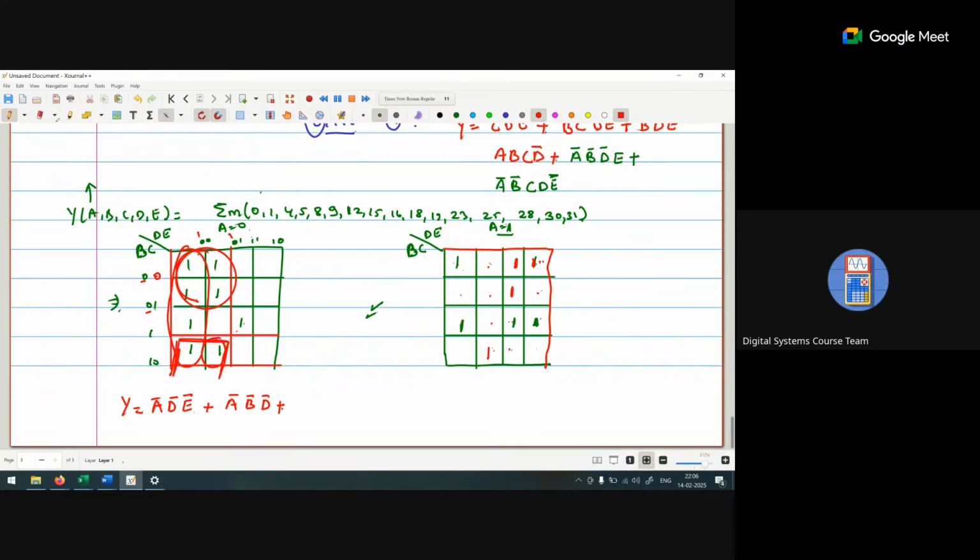One is this one. So A bar, C bar, D bar.